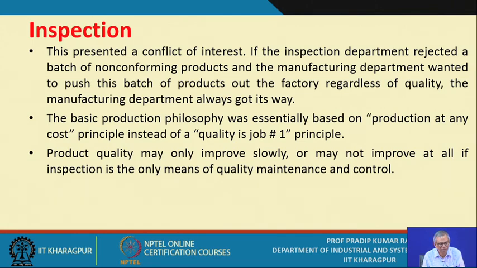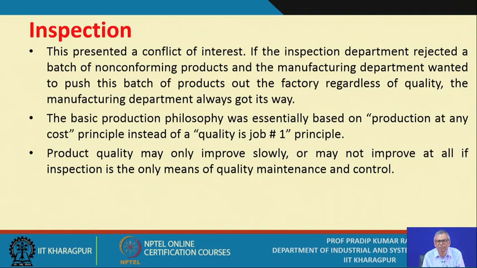Even these days you will find many organizations in India and several other countries go by this logic. Product quality may only improve slowly or may not improve at all if inspection is the only means of quality maintenance and control. Now this is a question you please mark, and the reasons behind.